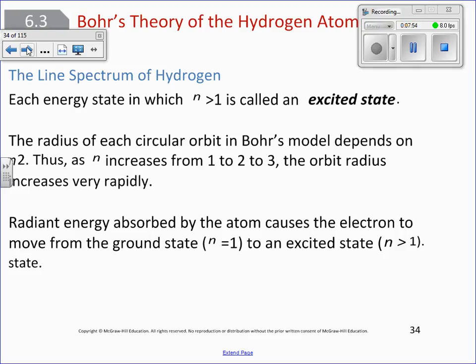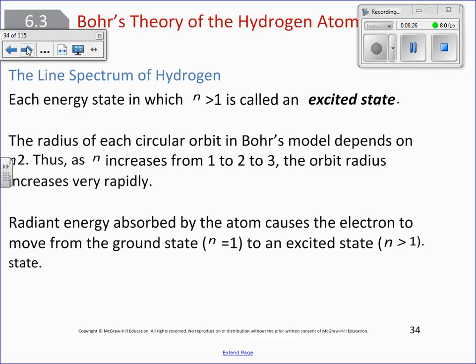So what happens when this relaxes and goes back down to here? It loses the equivalent amount of energy that you put in, so it comes off as a photon. But wait, there's more. I went from 1 to 2. Well, I can go from 1 to 3, a lot more energy, and I can go back from 3 to 1.